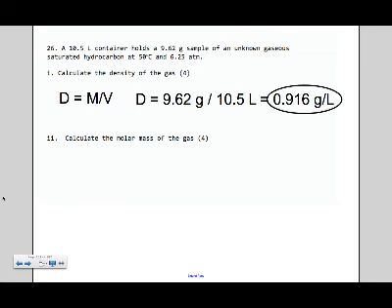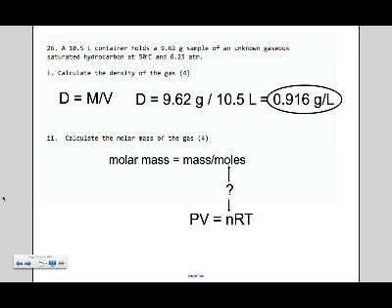Now we want to calculate the molar mass. Okay, and the molar mass equals the mass divided by the number of moles. So we need to find the number of moles that are contained here, and then we can use that and the mass that we have in the problem up above to find the molar mass. So we need moles for the ideal gas law.